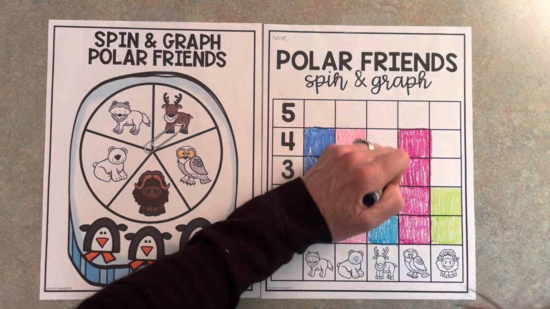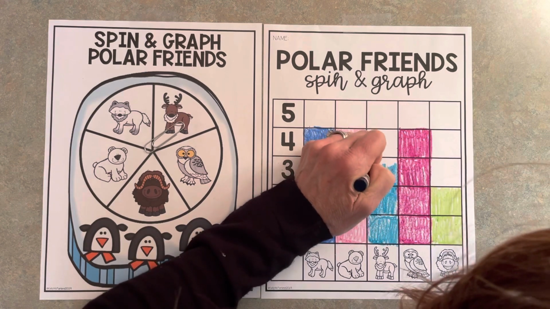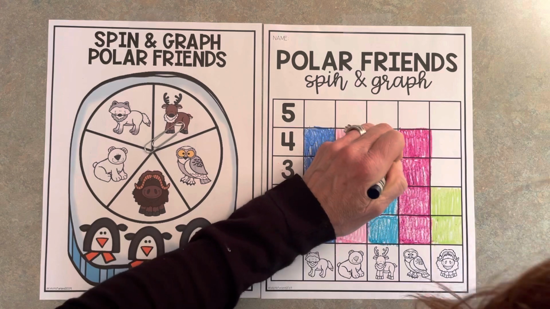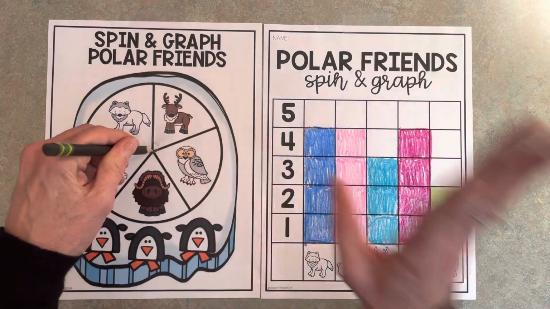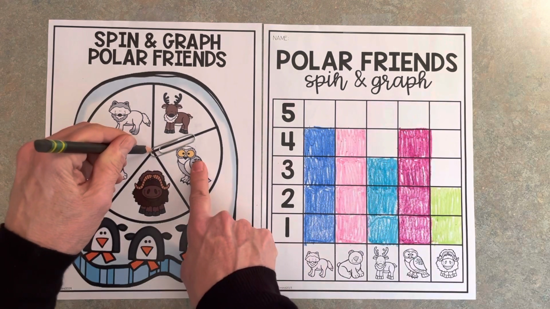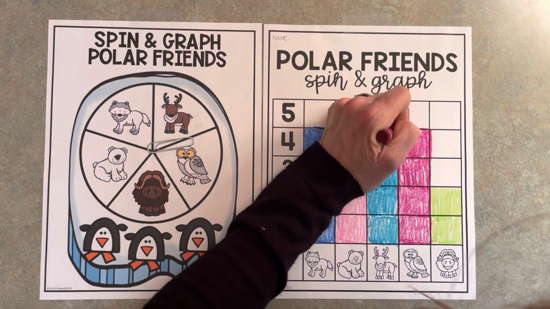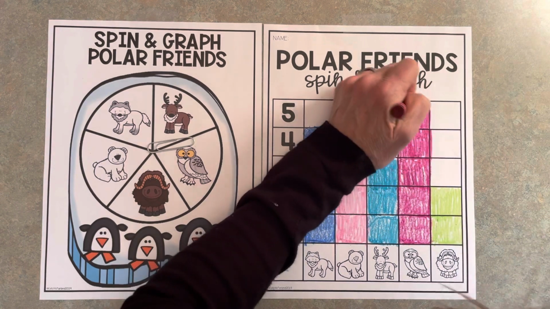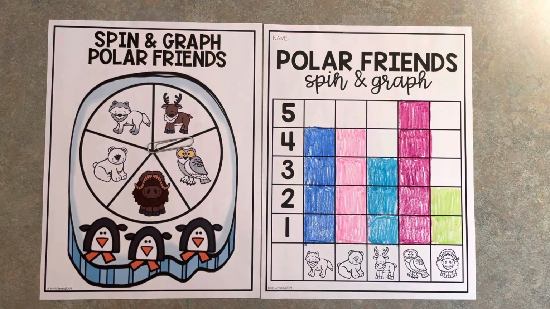Deer is catching up. Wow, friends, who do you think is going to win my race? And I wonder if you're going to have the same results. Snowy owl wins the race. Snowy owl was the first one to get to the top.